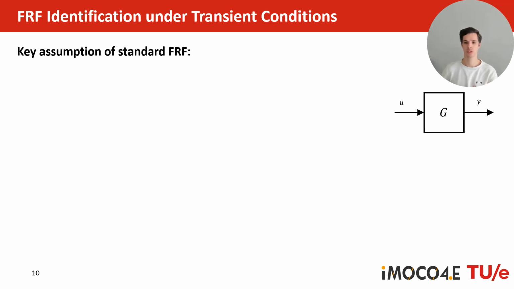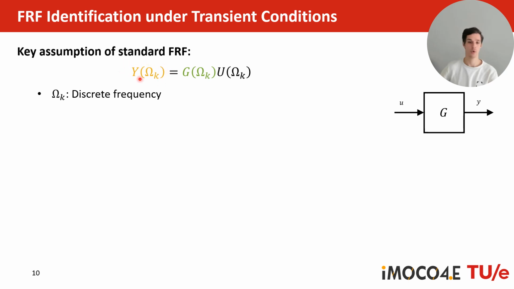I want to first dive a little bit deeper into frequency response function identification during transient condition. The key assumption of the standard frequency response function is that we have one frequency out, Y, for one frequency in, U, where omega k is a discrete frequency.